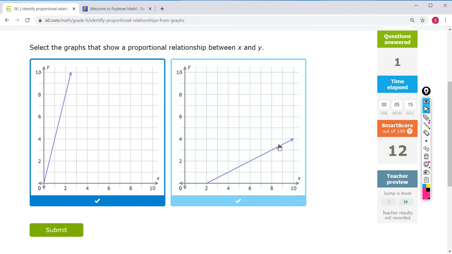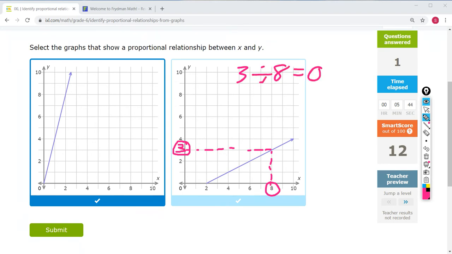This one is a straight line, but it does not go through the origin, so this one would not be proportional. Again, if we were to play that little game that we did before, over here, if I were to do this number, which is 3, divided by this number, which is 8. So 3 divided by 8 would be 0.375.